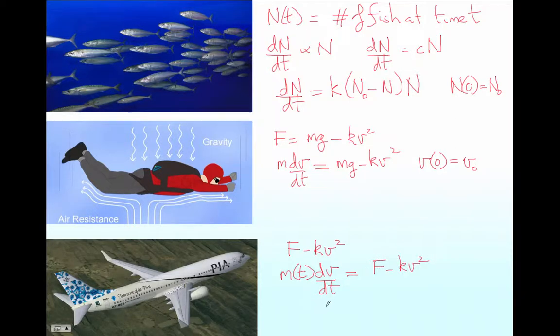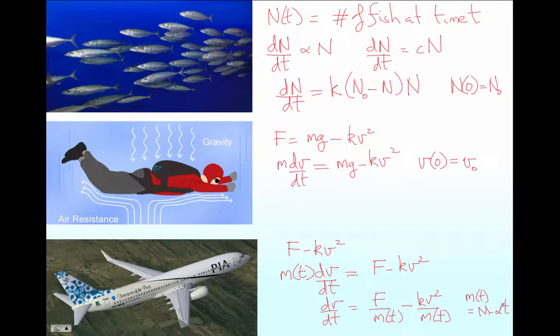And now from here we get dv by dt is F over m of t minus kv squared over m of t. And let's say that this m of t is equal to the mass that was there originally minus alpha t.